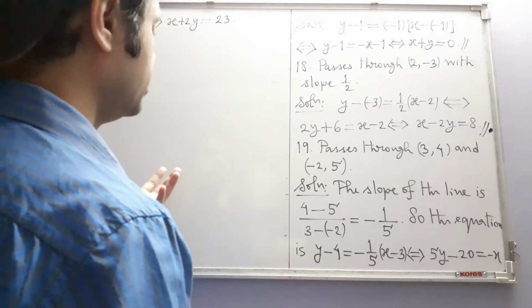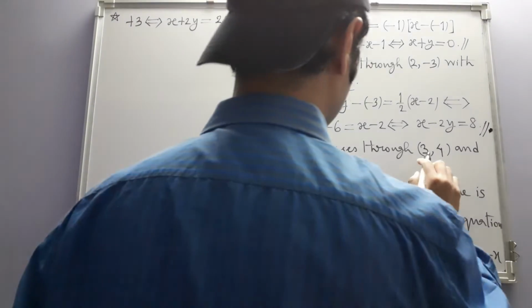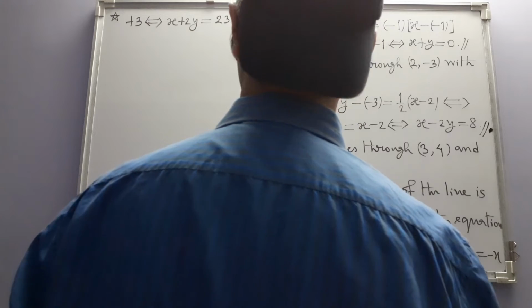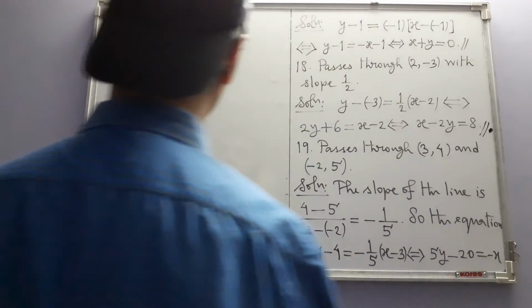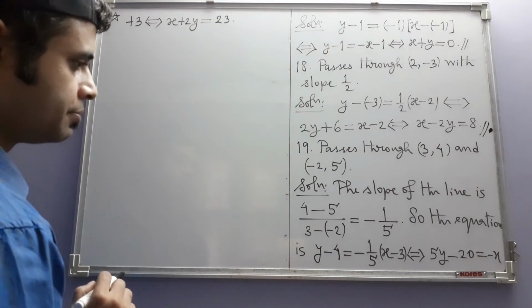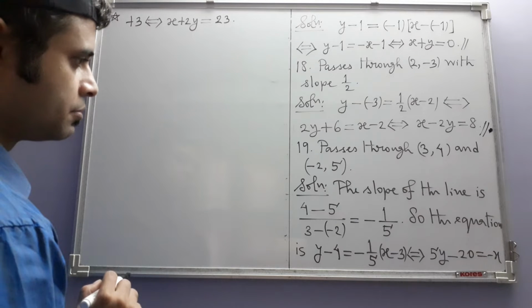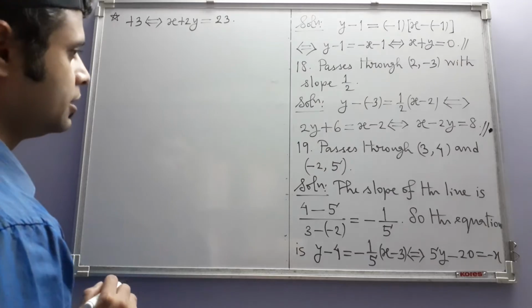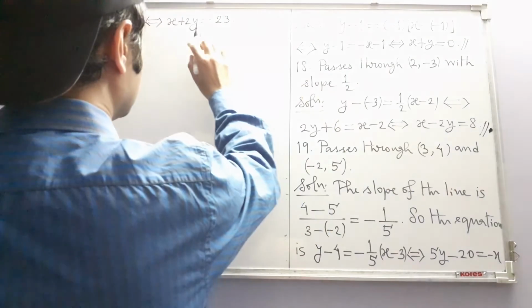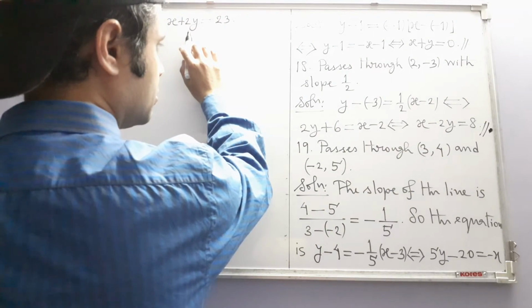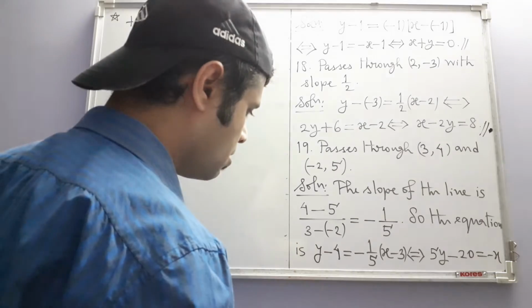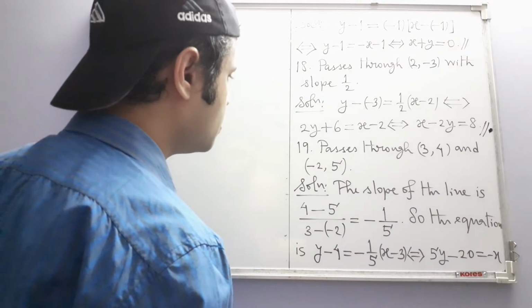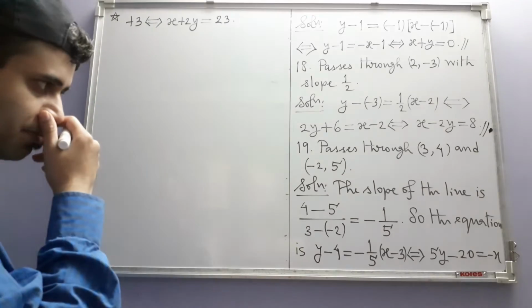What are we getting here? If we put y equal to 4, am I saying it correctly or have I done something wrong? 23. I think I made a mistake.